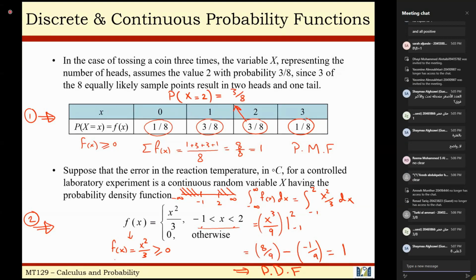Here, what's the probability x between 0 and 1? Probability between 0 and 1 means the integral from 0 to 1 for x square over 3.